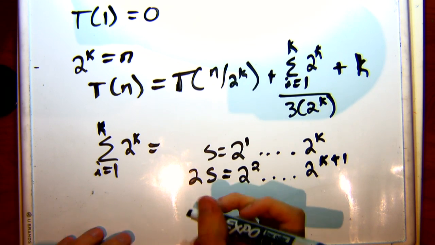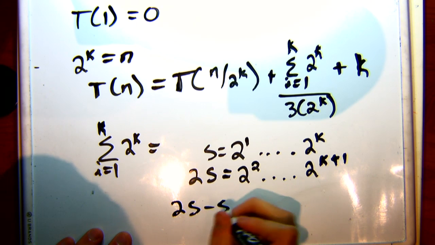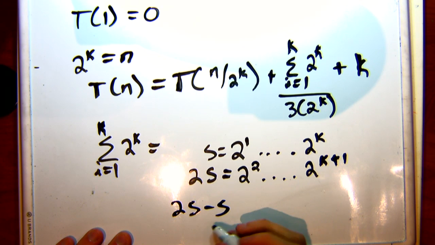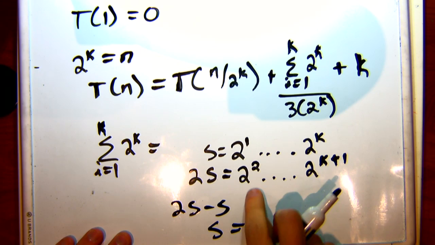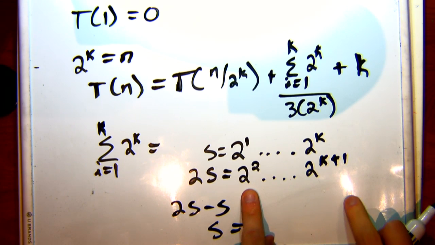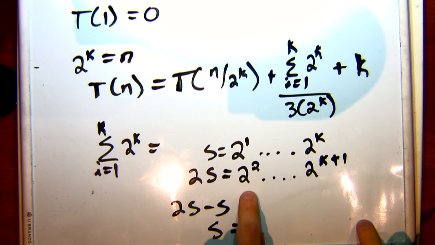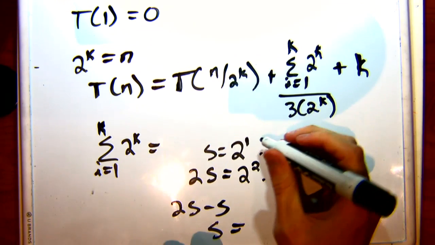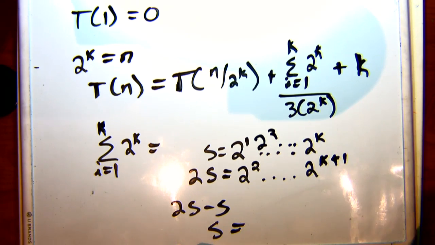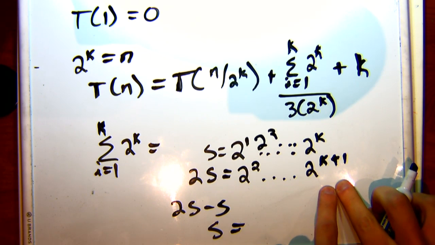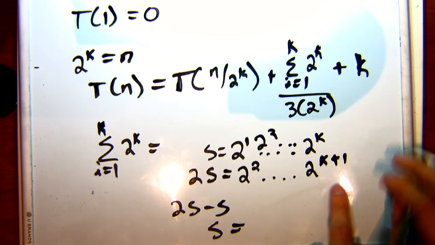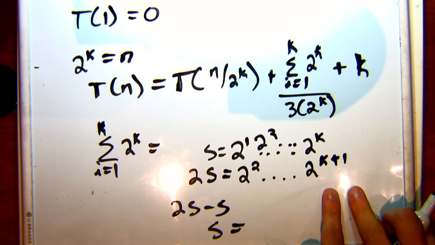So now if we subtract these, 2S minus S will give us S, basically. And we look at, okay, what's this series minus this series? 2 squared is in this one, and so we subtract everything from 2 squared onwards. And 2 to the k plus 1 is in this one, so we subtract everything up to 2 to the k, and we have a 2 to the k plus 1 remaining.